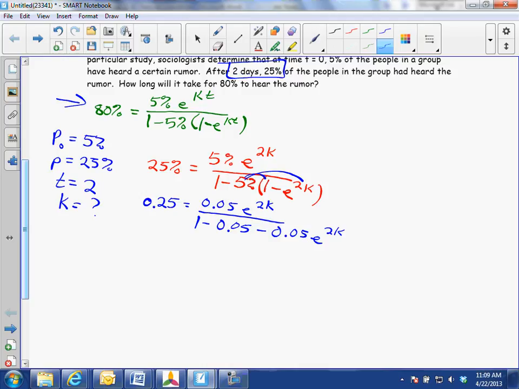All right, looking at what I have so far in blue here, how can I simplify it even further? Can you cancel the e to the k? No, you can't cancel it out because we're subtracting.